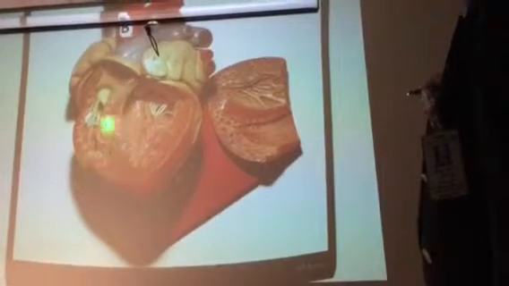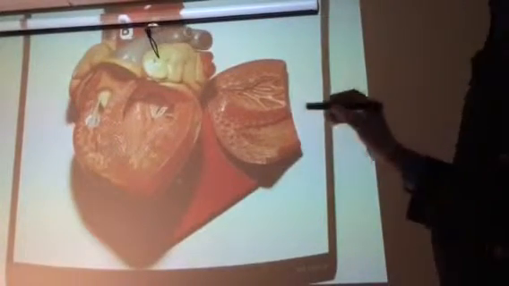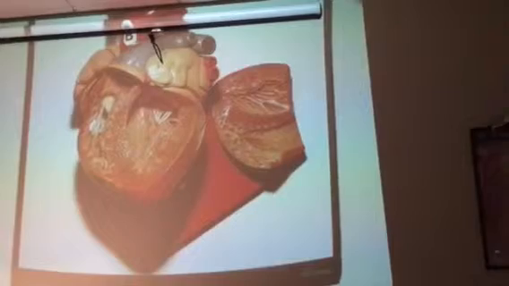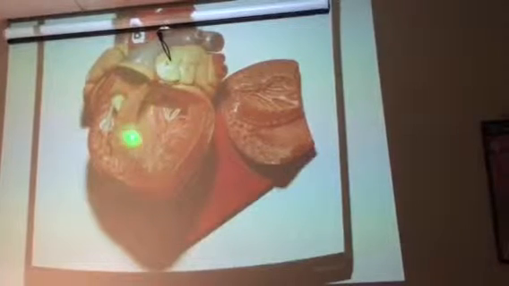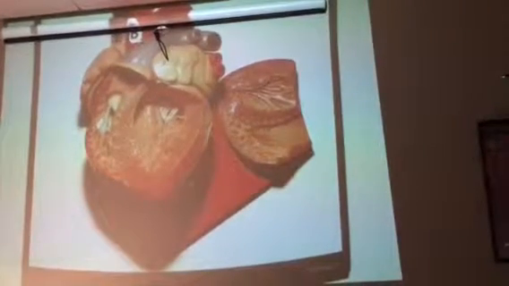In between the two ventricles, this is the interventricular septum. Okay, the uppermost part is thin and membranous, while the lowermost part is thick and muscular. Okay, the uppermost part contains the bundle of His, and the lower part contains the right and left branches of bundle of His. Now we'll first see the features of the right ventricle.